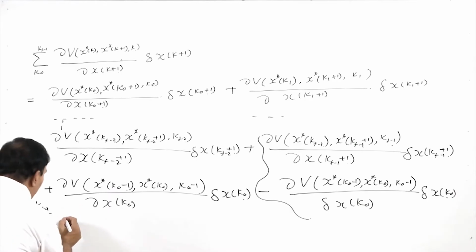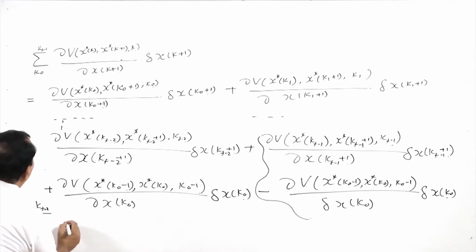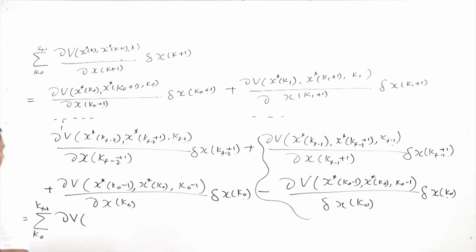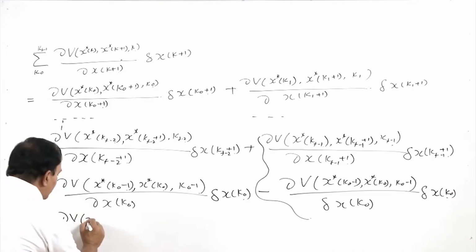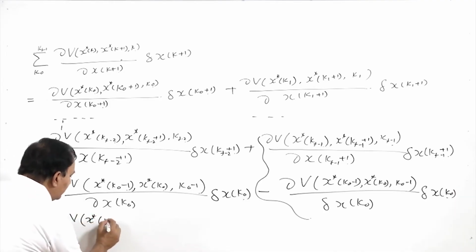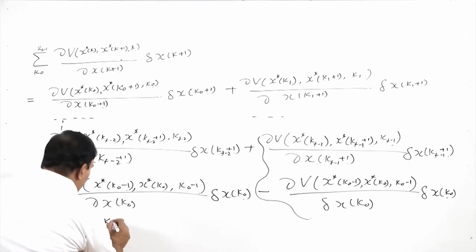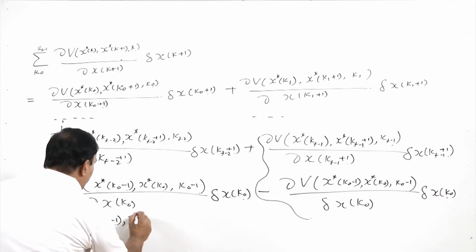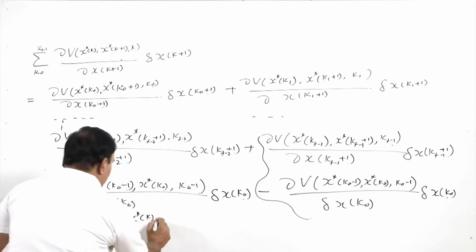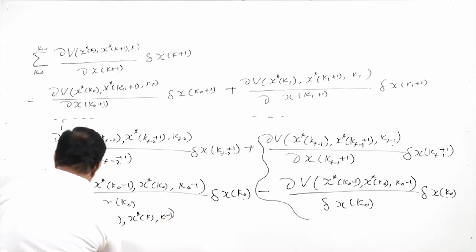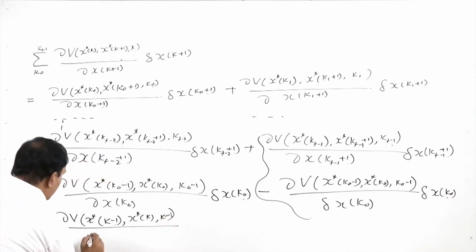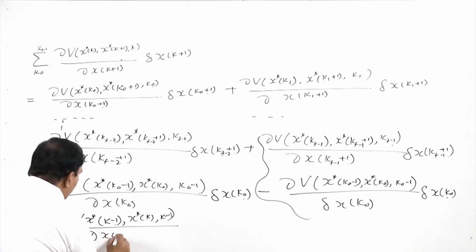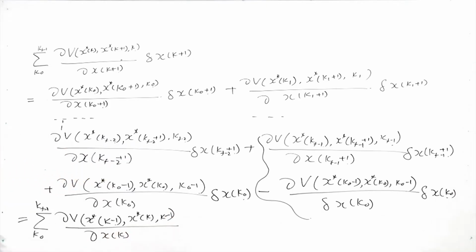So, this V I am changing by x star of k minus 1, x star of k, by del x of k.